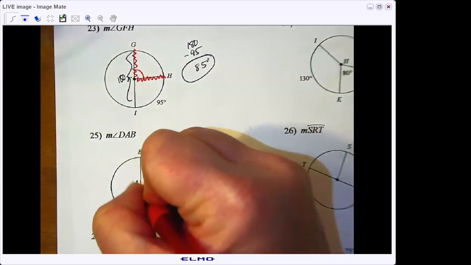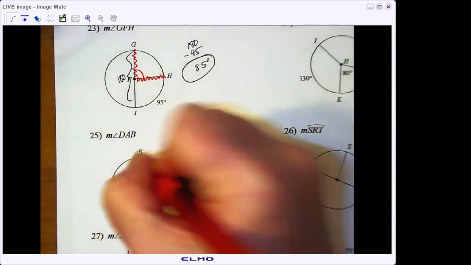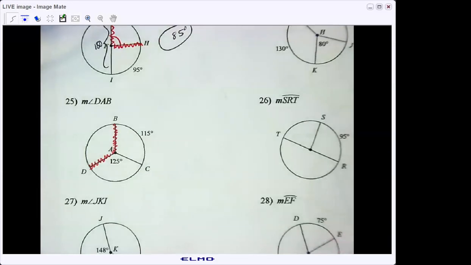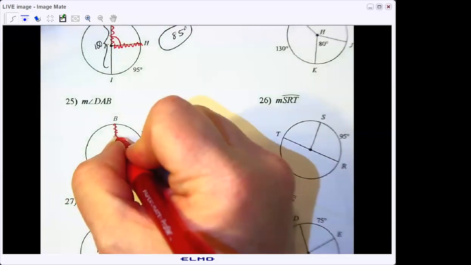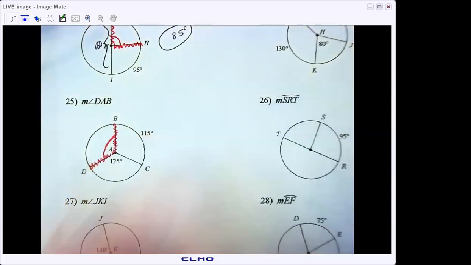Angle D to A to B. Go ahead and put your answer in the chat box. I'm going to find this angle. Put your answer in the chat box.